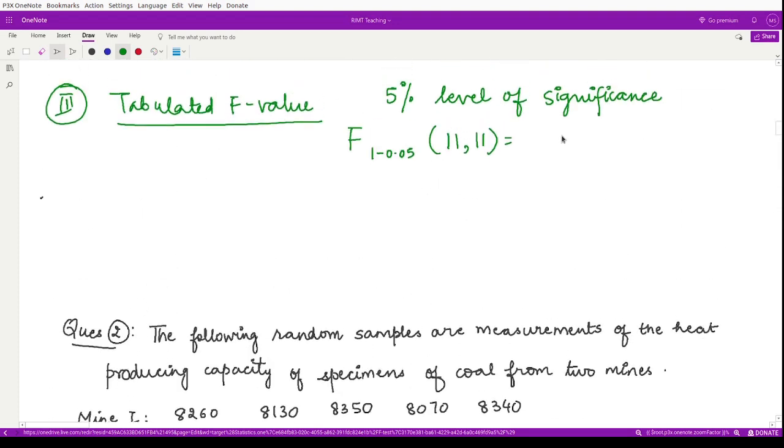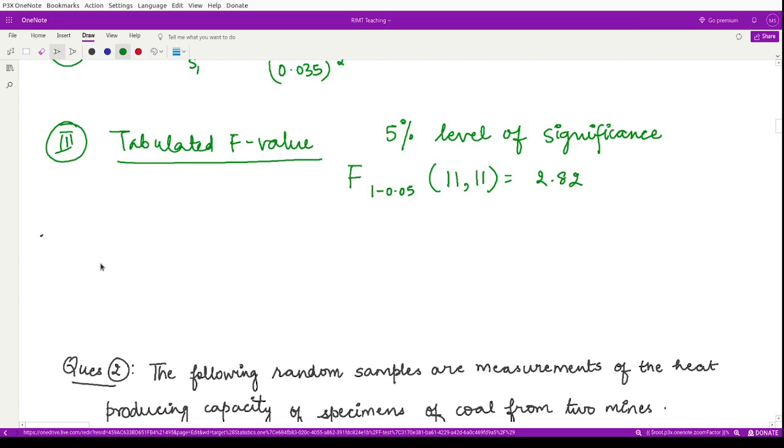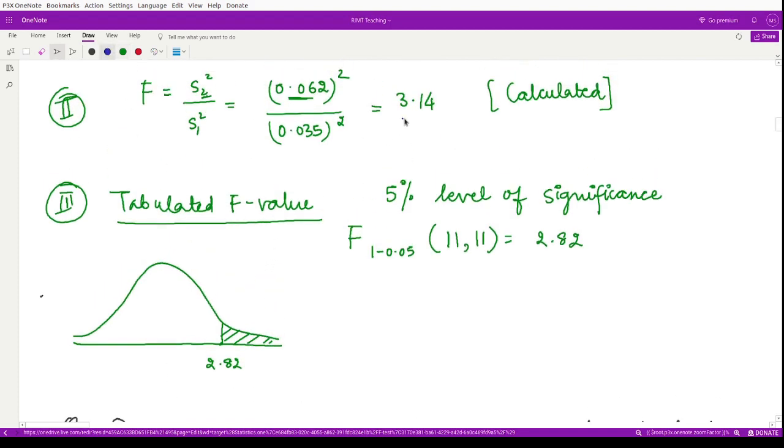So let's write that, 2.82. Now in order to determine whether you will accept or reject the hypothesis, in this case we have a one-sided tail. The tabulated value is 2.82, and the calculated value 3.14 is higher than this value, and therefore it will lie in the critical region. So you will reject H0. If you reject H0, you will accept the alternative hypothesis H1.